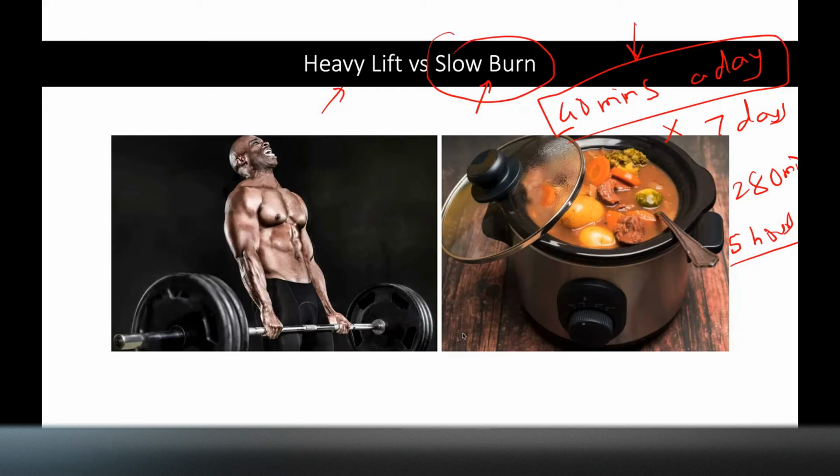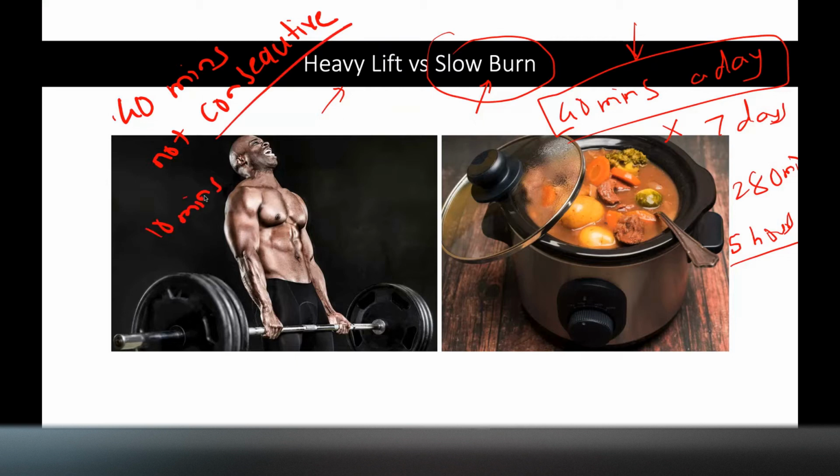And these 40 minutes do not need to be consecutive. Okay, my spelling is wrong. It could be 10 minutes in the morning, then 10 minutes in the evening before a meeting that was postponed.